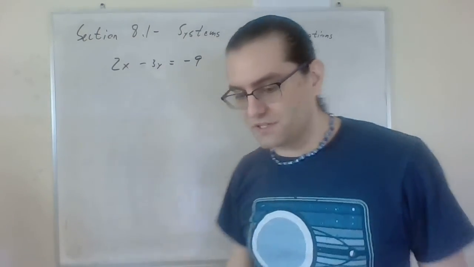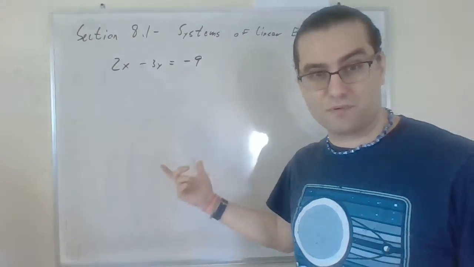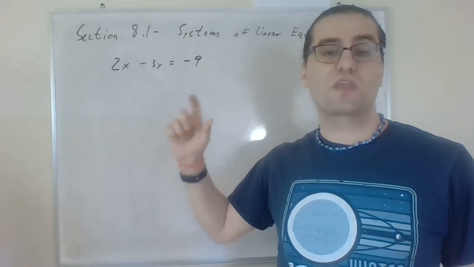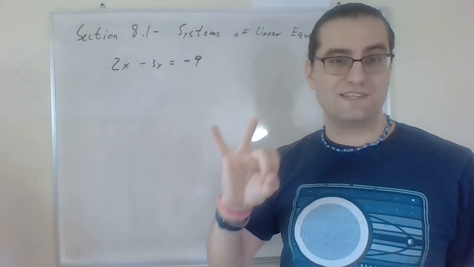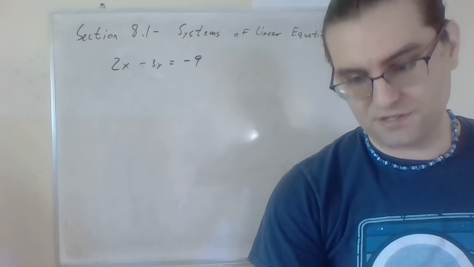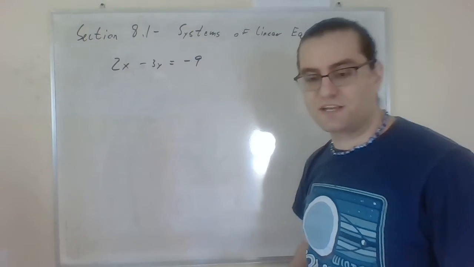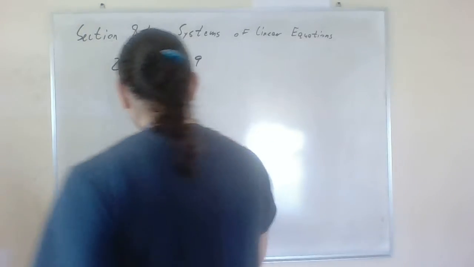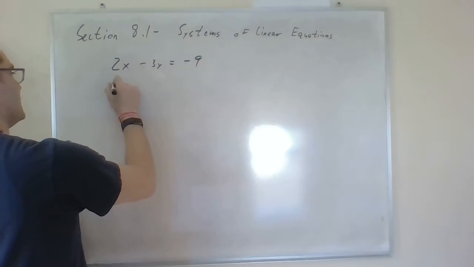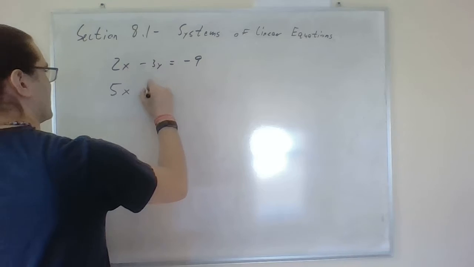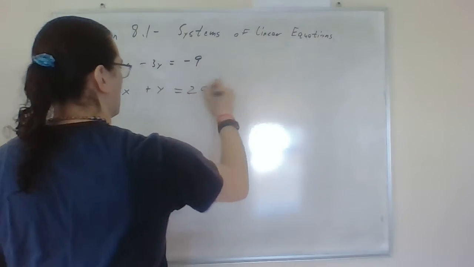The way we're going to solve this problem of still having variables is we're going to do two of these things at once. So let's say we know that 2x minus 3y is -9, but also let's say that at the same time we know that 5x plus y is 20.